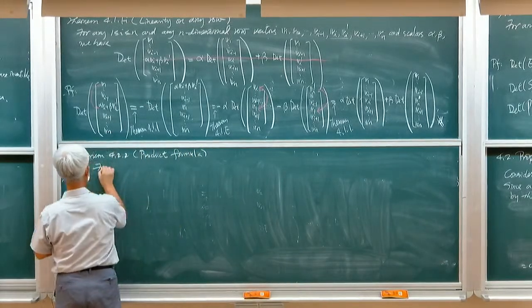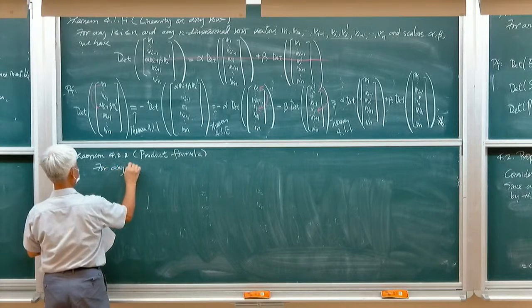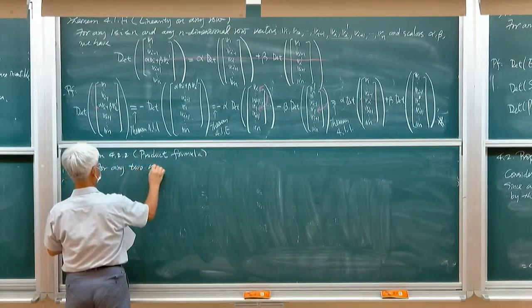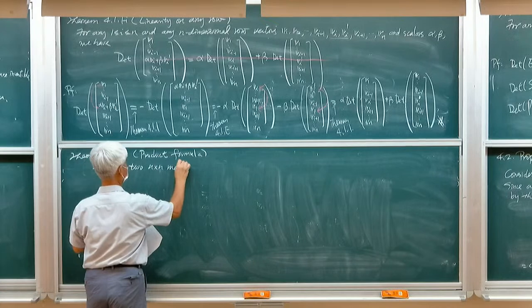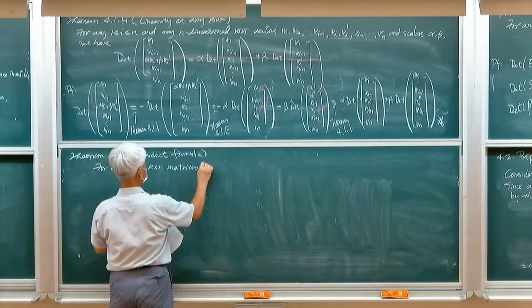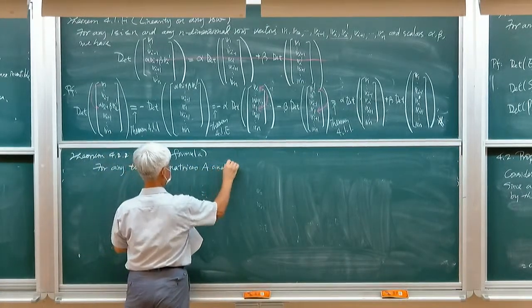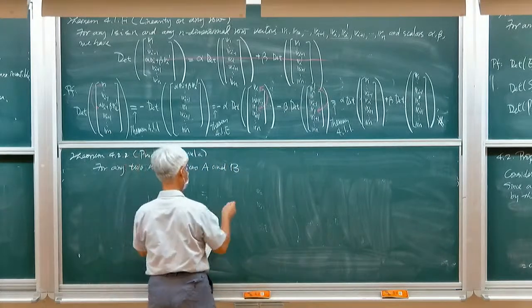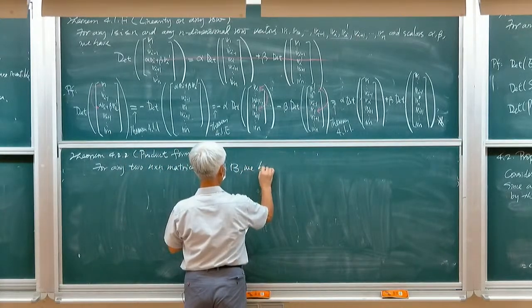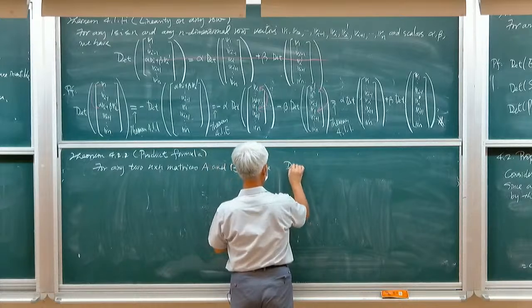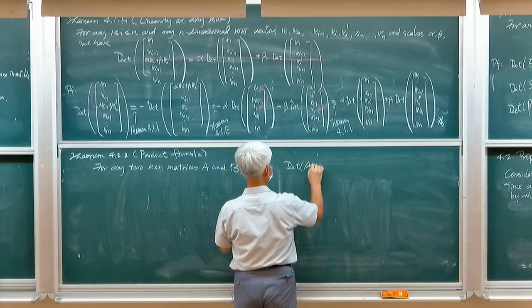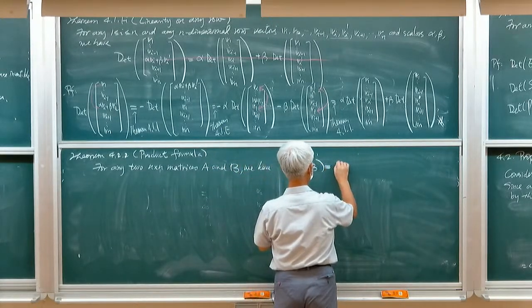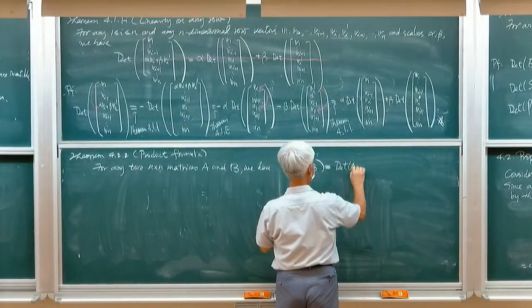Okay, so for any two n by n matrices A and B, we have that the determinant of their product is equal to the product of their determinants.